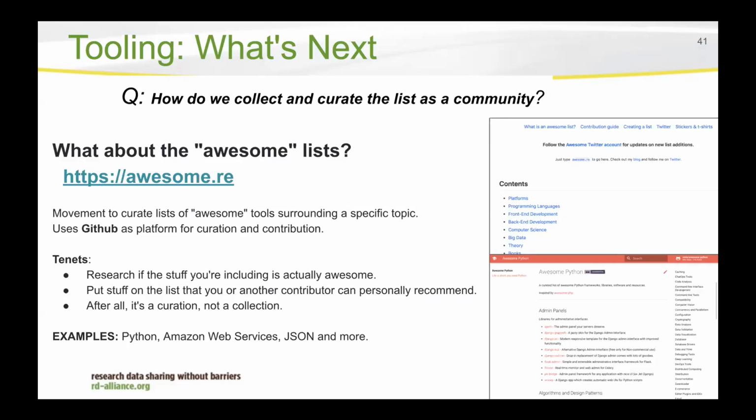Clearly we want to hear about more tools that you folks know about, but how do we also curate that list? And one idea that came up was adopting this notion of the quote unquote awesome lists. This is a movement happening on GitHub, where folks that know about cool or quote unquote awesome tools list them and curate that list in a GitHub repository that then gets published out as HTML.